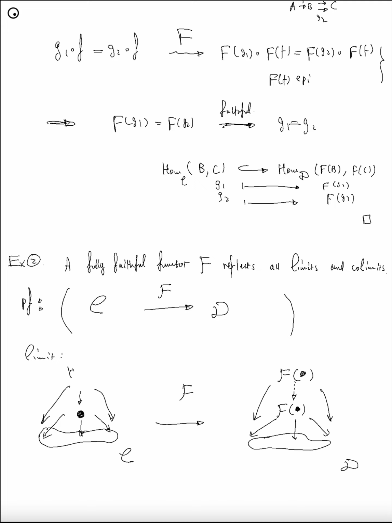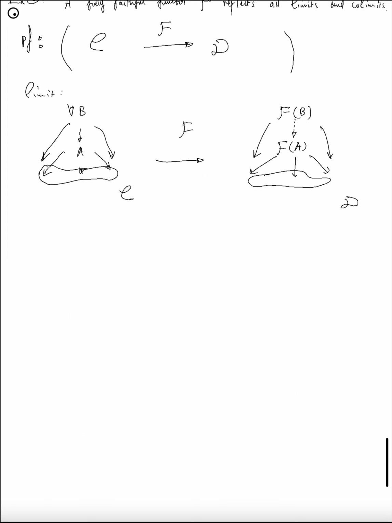Let me give a name to make it better understood. Let's say this is A and this is B. So this is FA and this is FB. Right, so what is the situation? The situation is we look at Hom(B, A) and Hom(FB, FA).